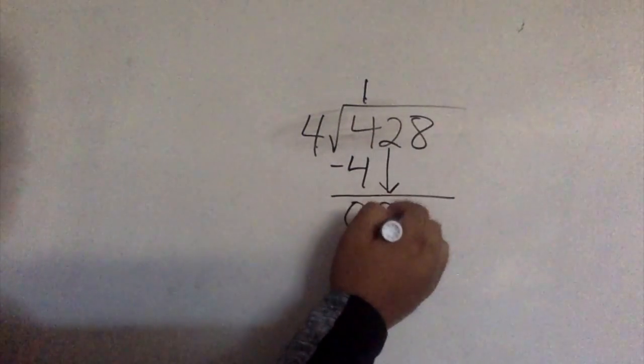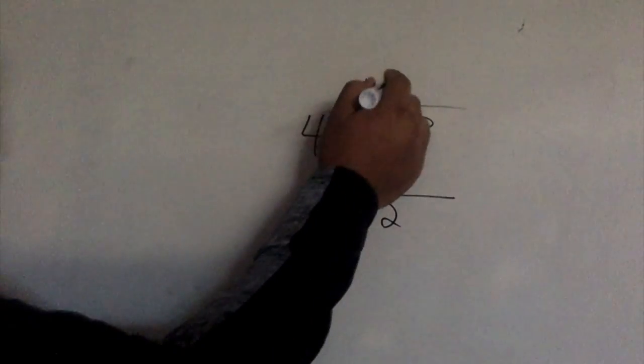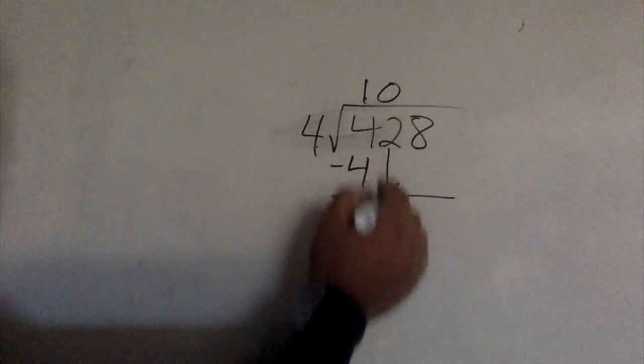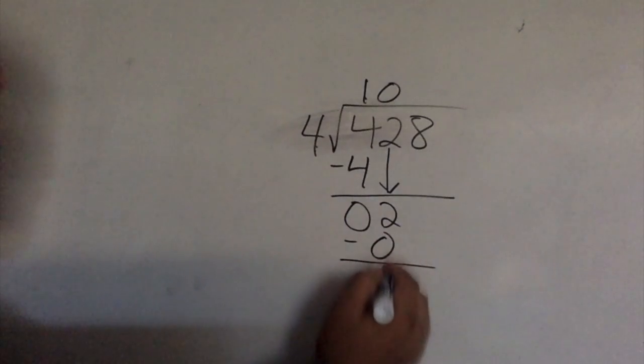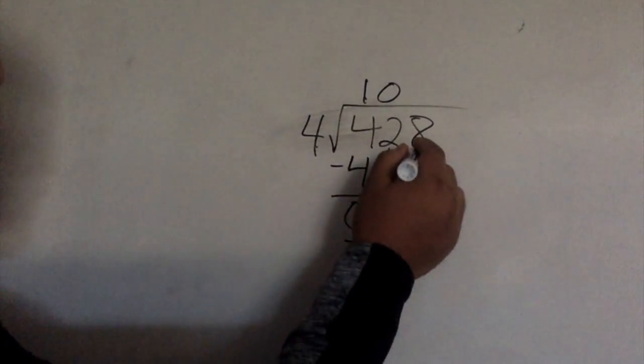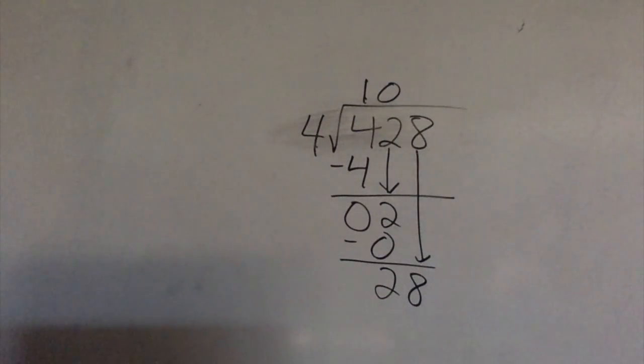Drop the 2. Does 4 go into 2 at all? It doesn't. So there are multiple ways to do this. Here's the first way. 4 times 0 is 0. 2 minus 0 equals 2. We drop the 8. Now we're into how many times does 4 go into 28?